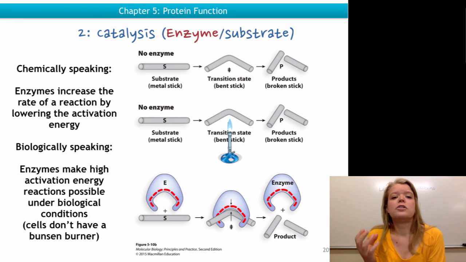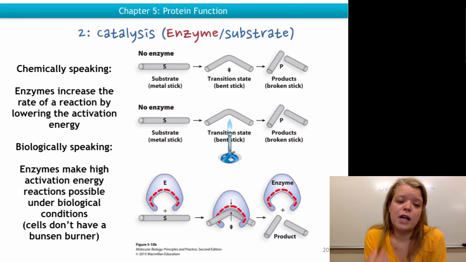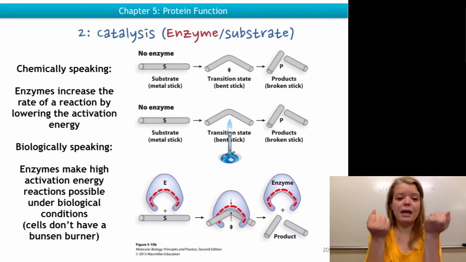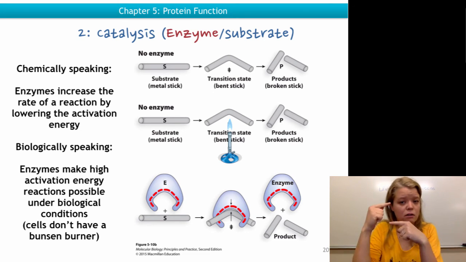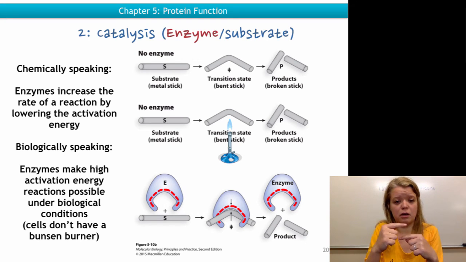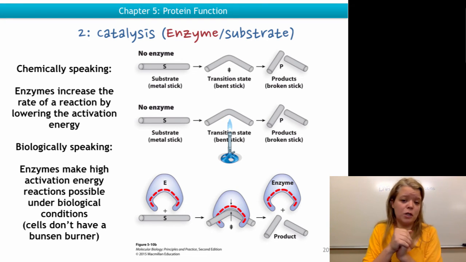So in chemical terms, enzymes increase the rate of reaction by lowering the activation energy. In biological terms, what enzymes do is make high activation energy reactions possible under biological conditions, because we exist at a very low range of temperatures, and enzymes can only exist at a very low range of temperatures, simply because they themselves are held together by hydrogen bonds, which are very weak bonds, and any excessive heat will break them first.